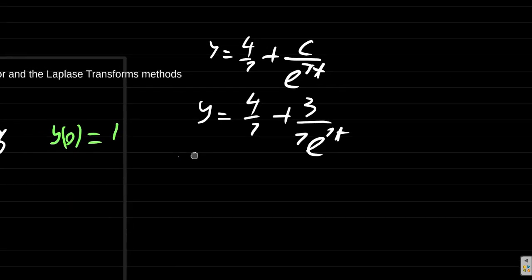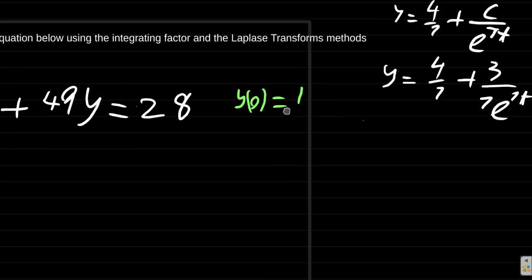The result we got was y equals 4 over 7 plus c over e to the 7t. And when we found the initial condition, we got y equals 4 divided by 7 plus 3 divided by 7e to the 7t.